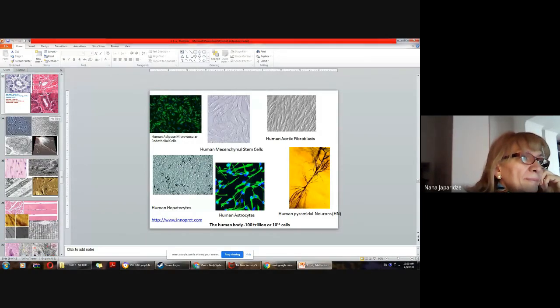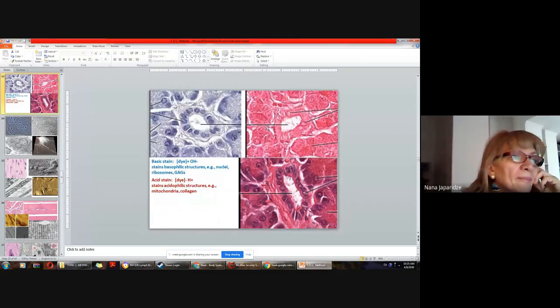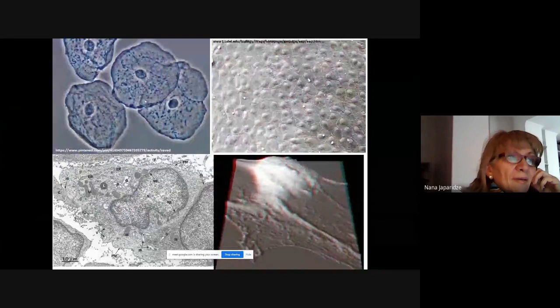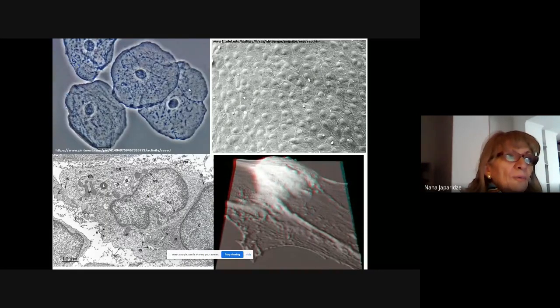So this is an epithelial cell, which is represented here via the light microscope. Look, this is an LM image of epithelial cells.